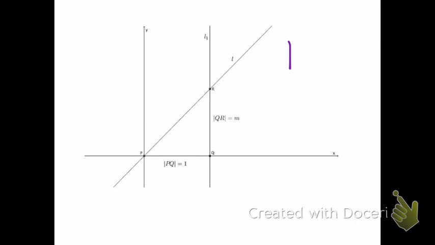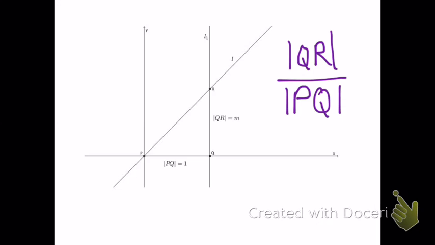It's the ratio of QR, that height, compared to PQ. It just so happens that we've made PQ equal to 1 in all of these situations. But actually, we can look at this ratio for any length of PQ, and this will also be the slope. So m equals this ratio here.